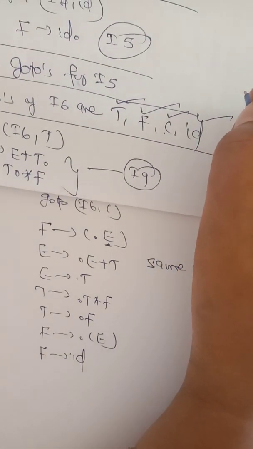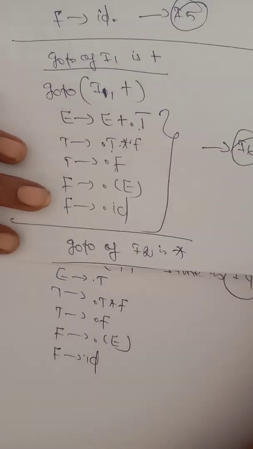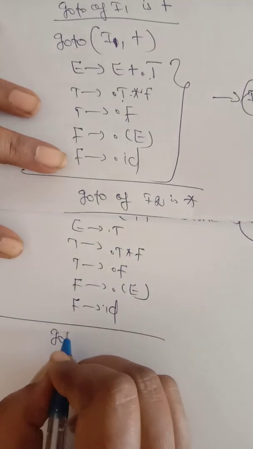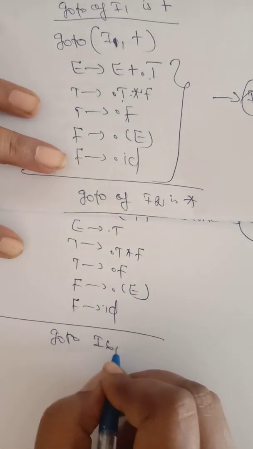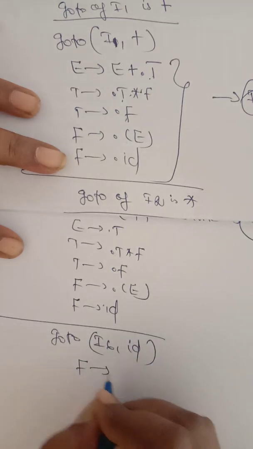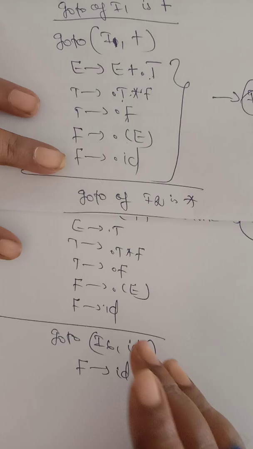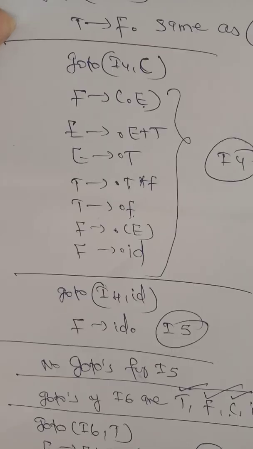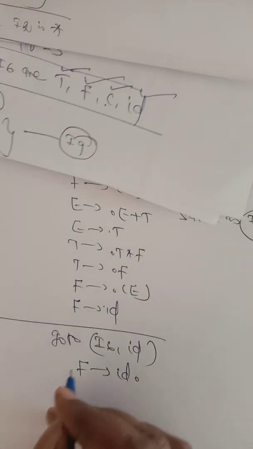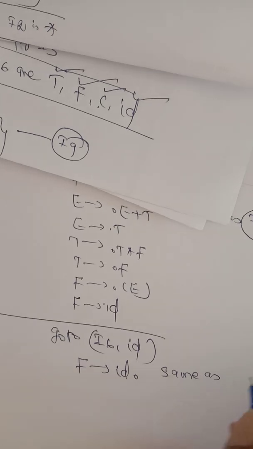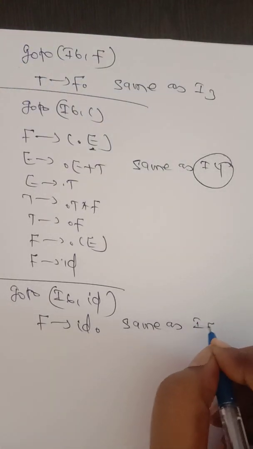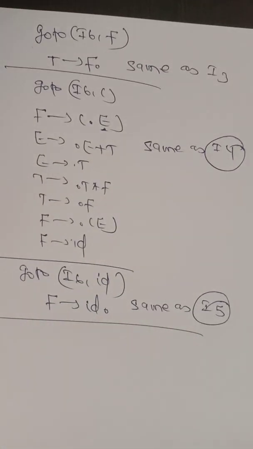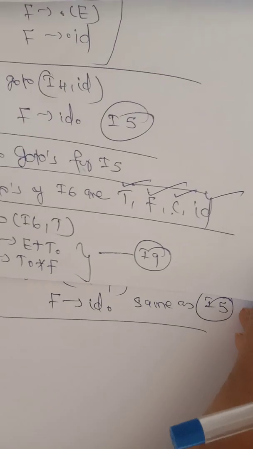In I6, where we have ID, F goes to ID dot. So goto of I6 comma ID gives F goes to ID dot, which is the same as I5. So I6 comma ID is the same as I5. Now the gotos of I6 are over, the I6 process is over.